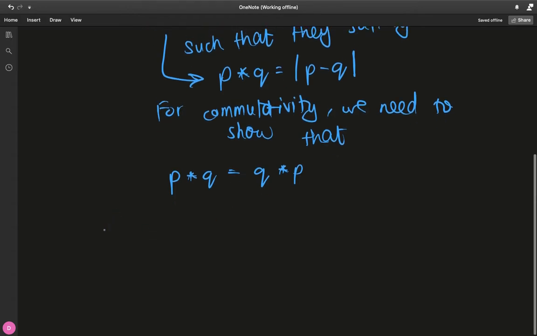So let's look at the right hand side, which is basically Q asterisk P, and by definition that will be absolute value of Q minus P.